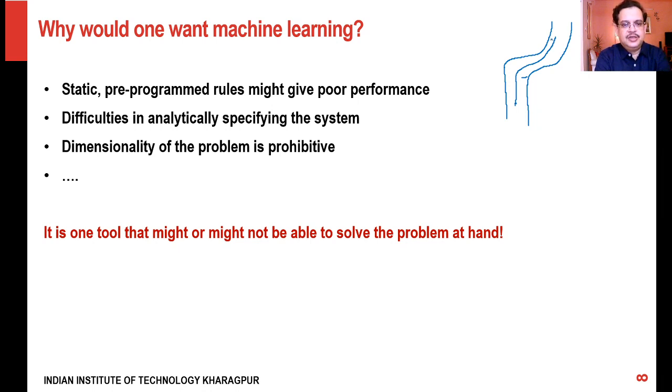Machine learning is one of the ways in which you may be able to reduce the dimensionality of the problem. You may focus on a set of significant variables and be able to produce almost perfect behavior using only that subset. And finally, in many cases it may be the only tool to solve the problem at hand.